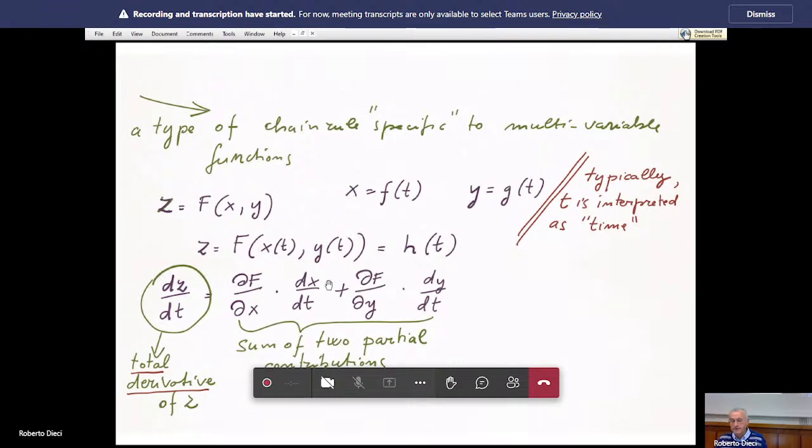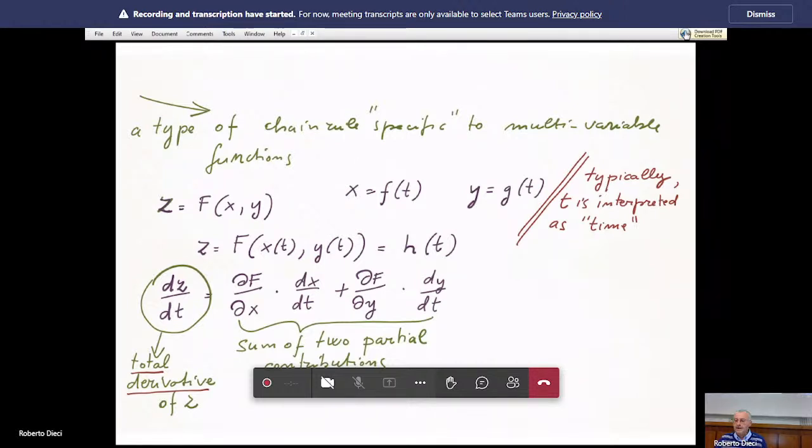So for 3 variables, that could be x, y, and u, plus the partial derivative of f with respect to u times the derivative of u with respect to time. So it's a general model. I illustrate this with 2 variables, but it is general. We could also use a matrix notation, but I don't want to introduce this now. It's a product between the gradient of f and the vector of the time derivatives of the n variables.